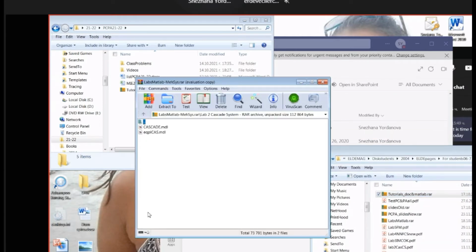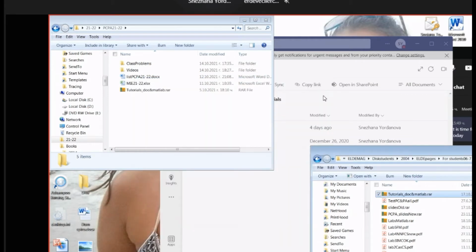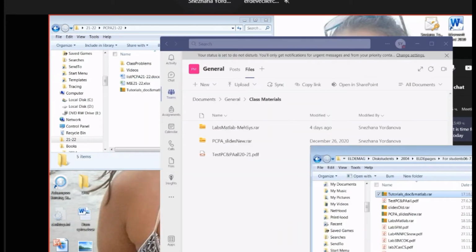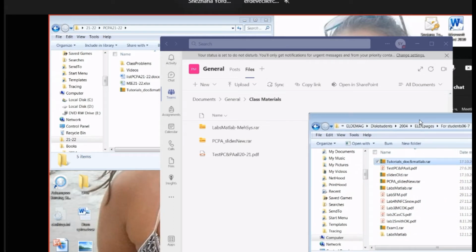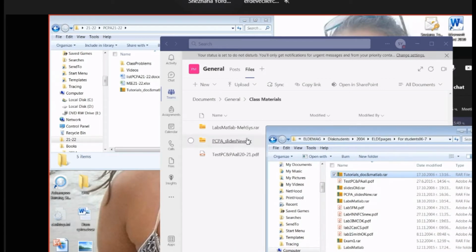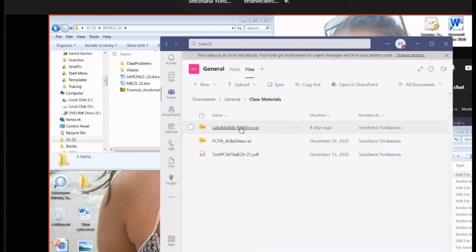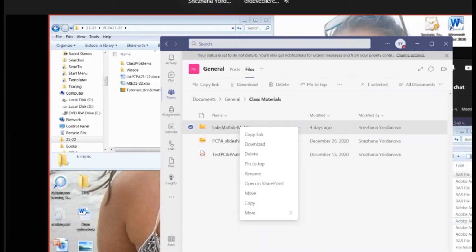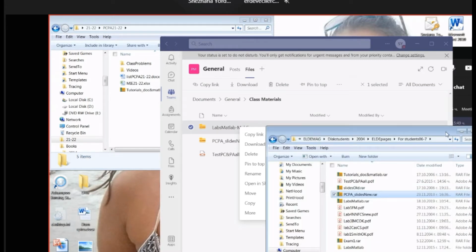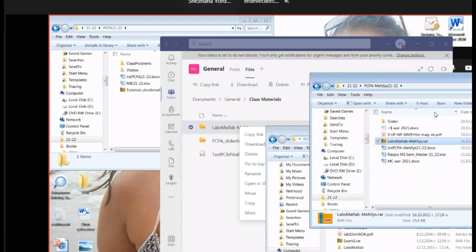So I'll use to upload material which is related with the manuals. I have included, so I forgot which manuals to give you. So let's see now which are your manuals.